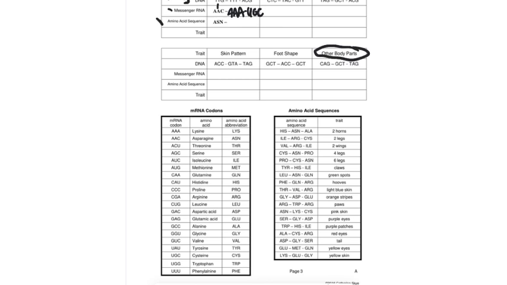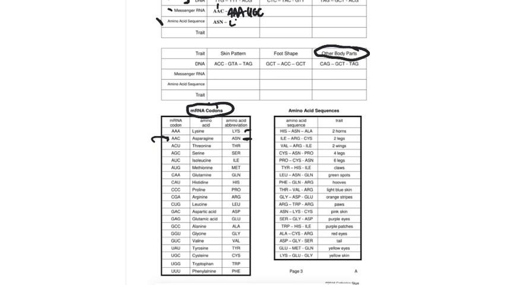Okay, once you get the RNA, you can figure out what the amino acid sequence is by checking this table right here. So the mRNA codon, you read it in 3 letters. The first one is AAC. You see that AAC is ASN, but AAA is LYS.